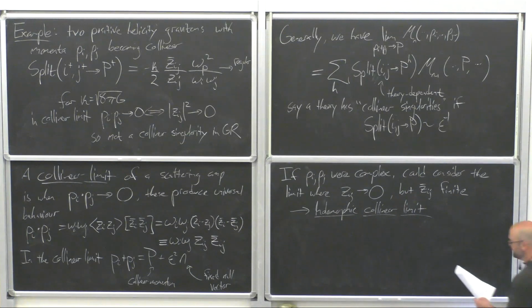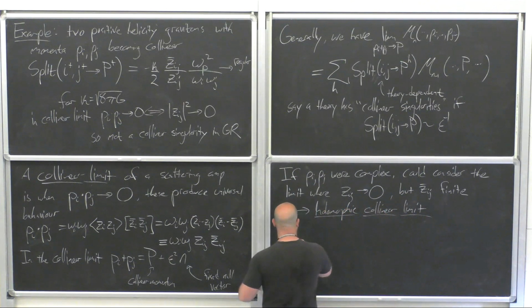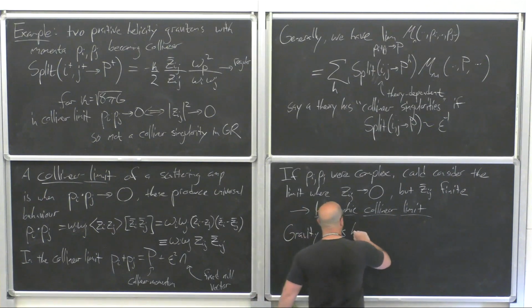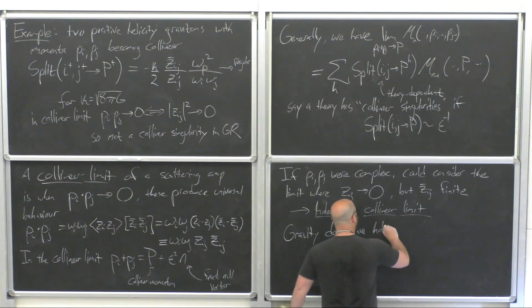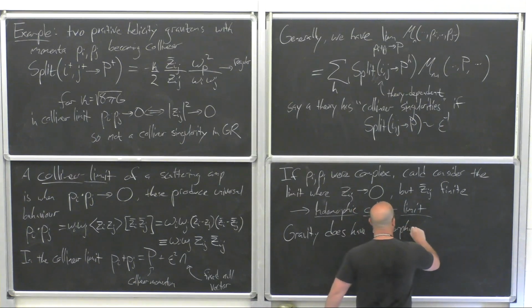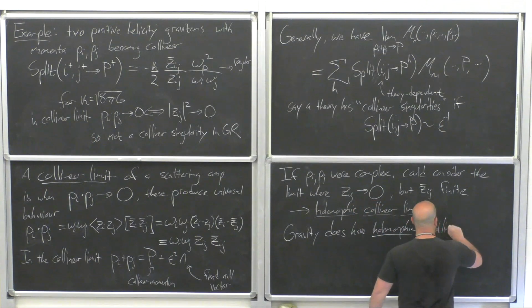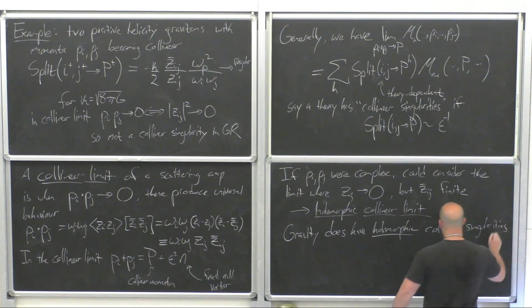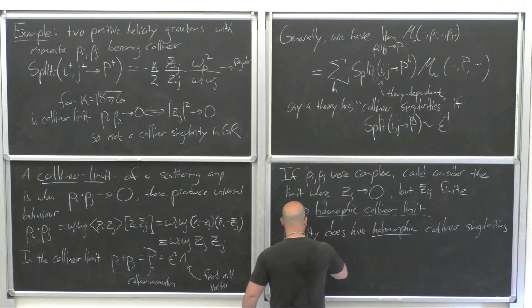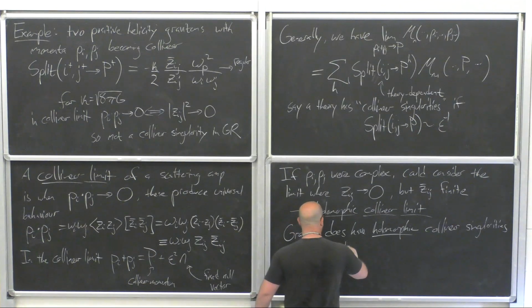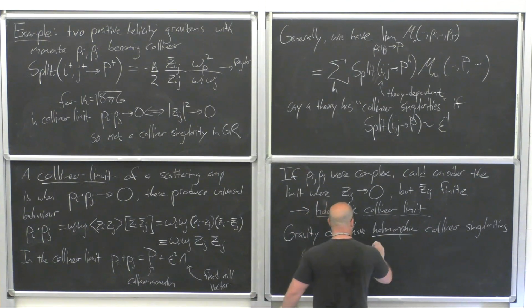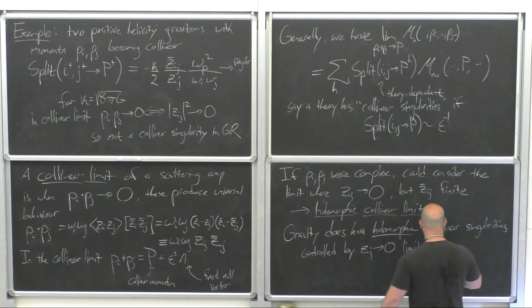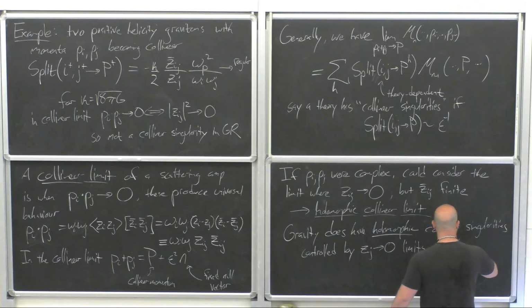So gravity does have holomorphic collinear singularities, which are controlled by these zij limits going to 0 on the celestial sphere.